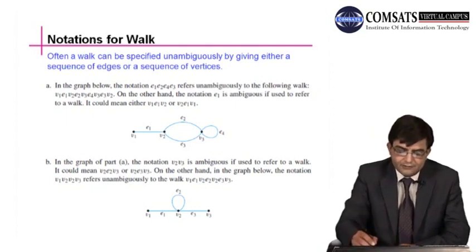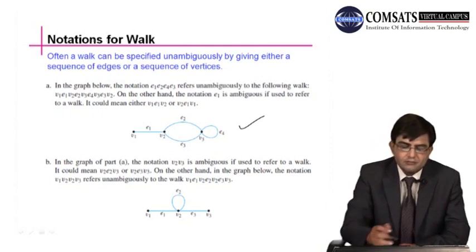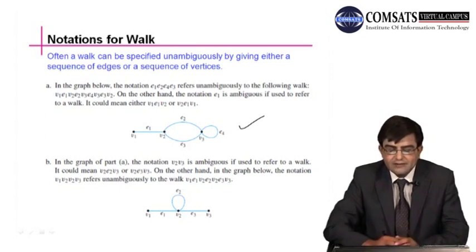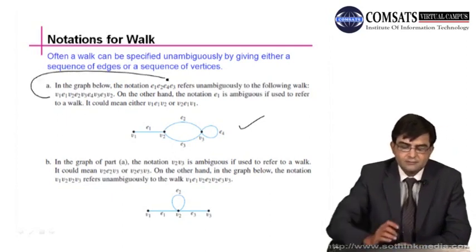We are given a graph, and some of the notations which we usually use in walks. In the graph below, the notation E1, E2, E3, E1, E2, E4, E3 refers unambiguously to the following walk. That is, this walk can be written as this.